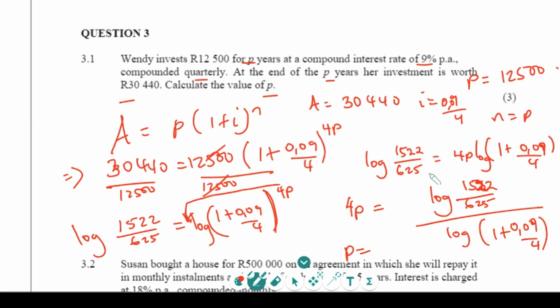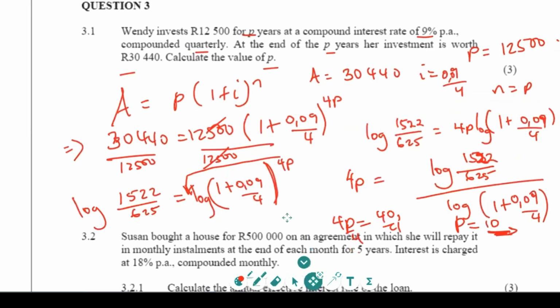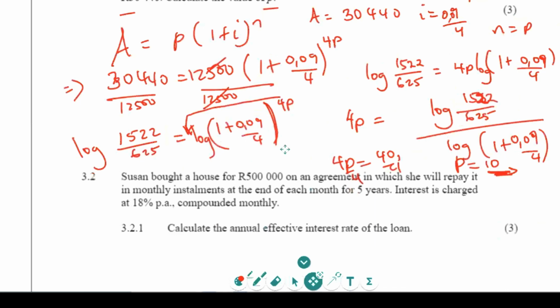That's going to give me 40 point something. So I round that off, then I divide both sides by 4, which means my P is 10. So it takes 10 years. It takes this lady 10 years, not Wendy. So Wendy is going to use 10 years to have that much on investment.